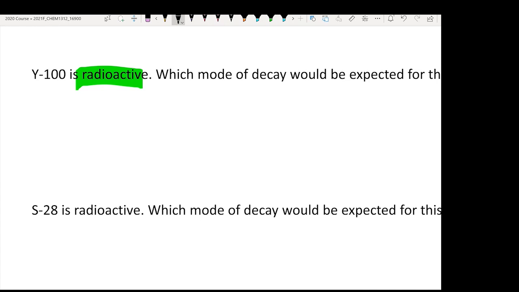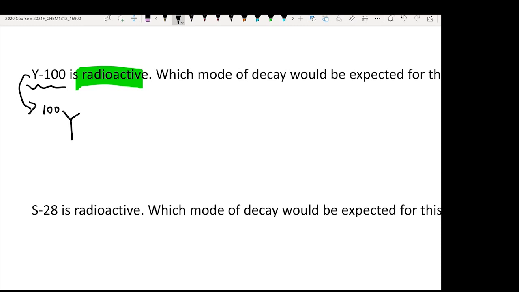So here you need to translate this. What is this? That 100 tells you the mass number. Then the next thing you need to focus on is what is the atomic number, right?